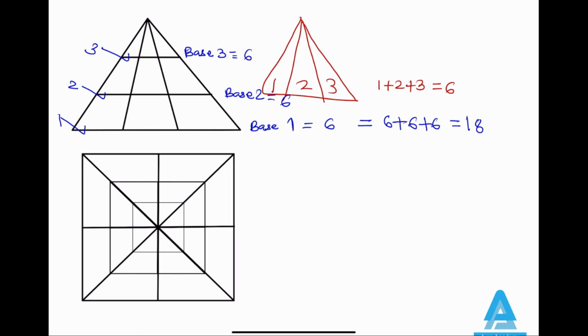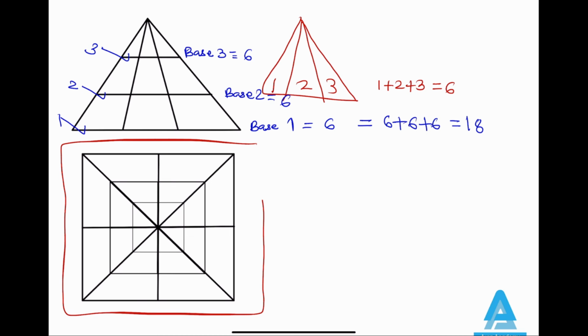Okay, the same question, but the number of triangles in this figure. Tell me what the number of triangles is going to be. Again, we are going to number them, right? 1, 2, 3, 4, 5, 6, 7, 8.